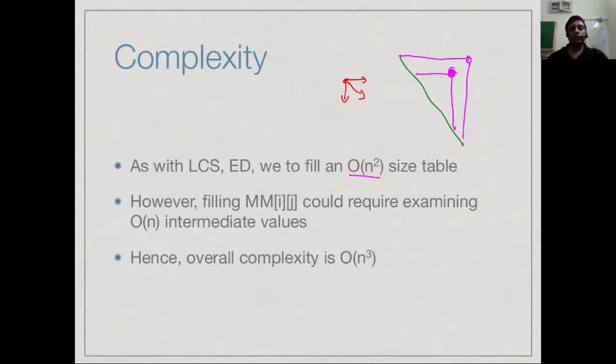So though the table is of size n square, the actual complexity of filling the table is n cube. Okay, so that's why this is an interesting problem, because it says that you cannot directly conclude the complexity of a dynamic programming algorithm from the size of the table that you're trying to update, because it also depends on the amount of effort you have to take to update each entry in the table.